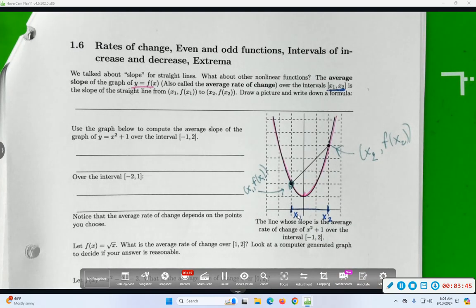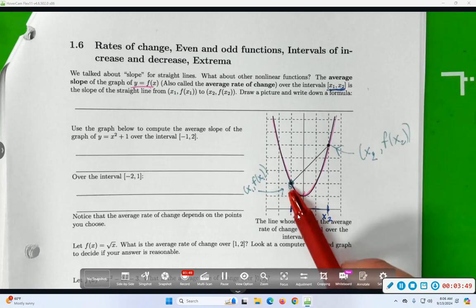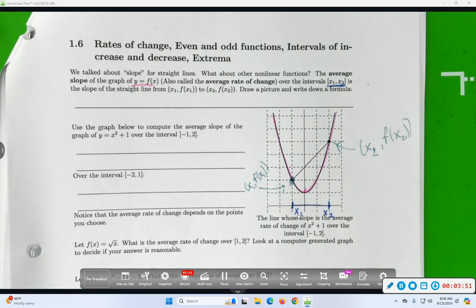That seem like a sensible enough thing to call the average rate of change? All right, in this case, you go down some, but then you go up more, so the average rate of change should be positive. All right, so there's the picture. Does that look like you could compute the average rate of change just by looking at this picture? What's the average slope of this function over that interval?